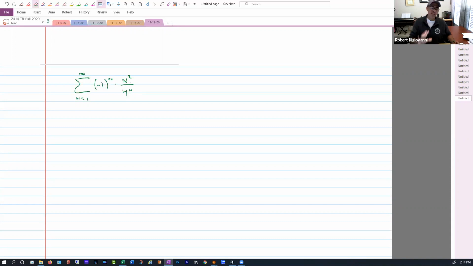If we didn't have the ratio test right now, we would probably have to do an alternating series test, because we do have an alternating series. But maybe we would just take the absolute value to not even consider that, and then look at n squared over 4^n, and maybe do a comparison like we did last class. Maybe we compare it to 1 over 4^n, because the 4^n kind of dominates things here.